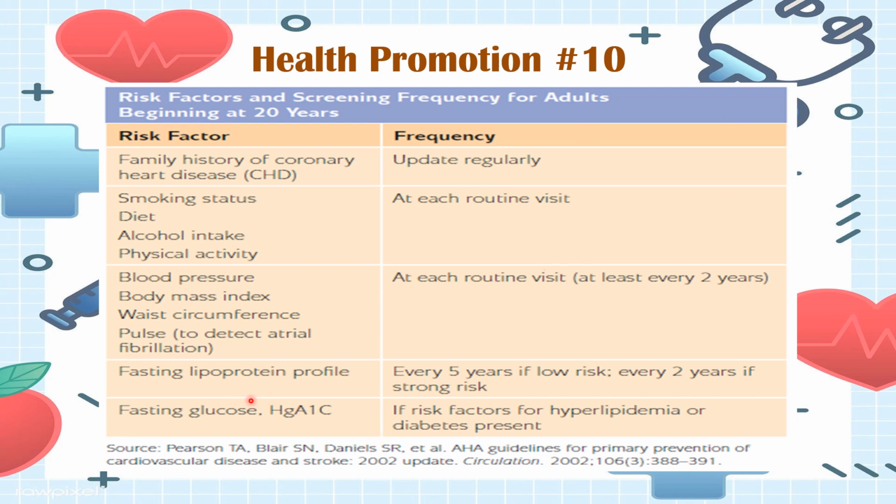For those who have a problem with the fasting lipoprotein profile, every 5 years if low risk, and every 2 years if high risk. For those with findings in their fasting glucose or hemoglobin A1C, if the risk factors for hyperlipidemia or diabetes are present, screening should always be done.